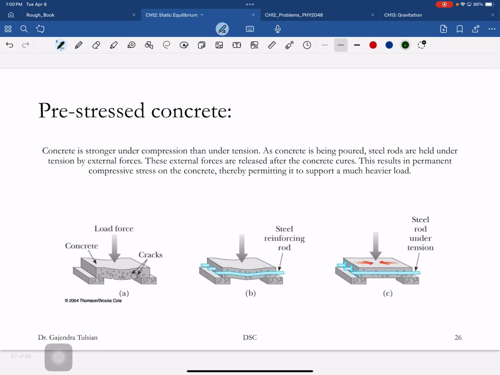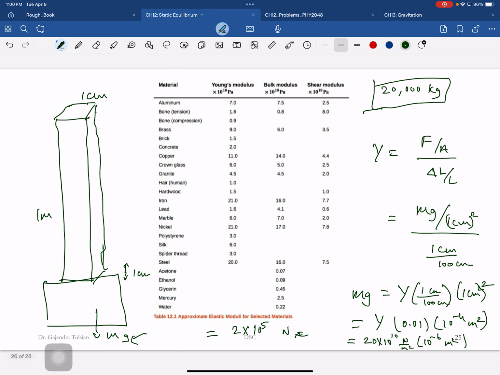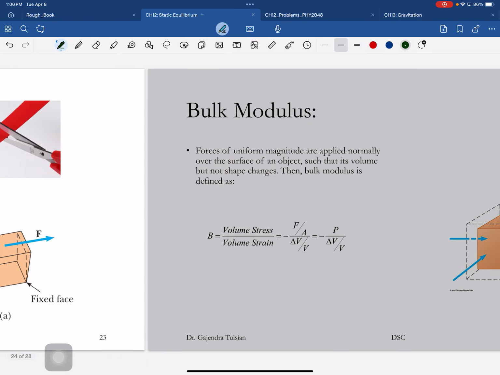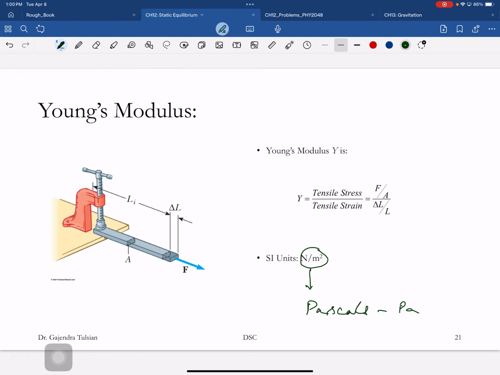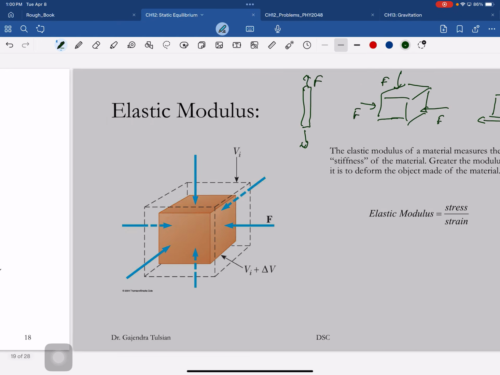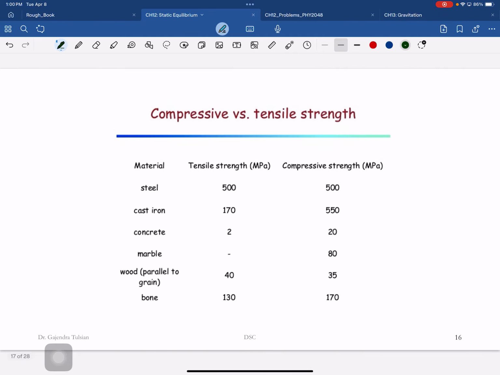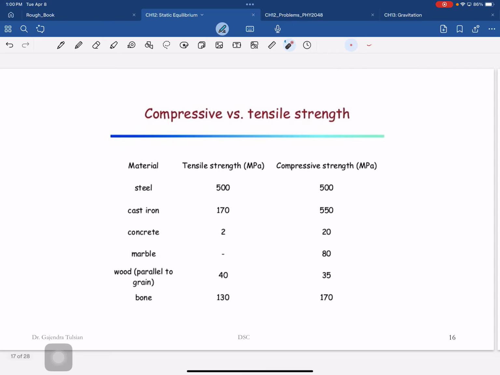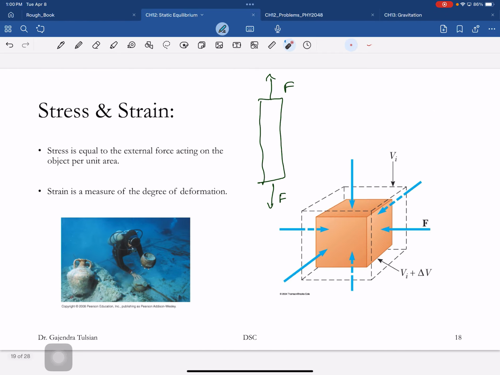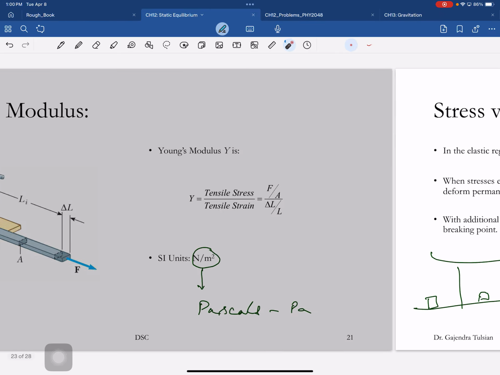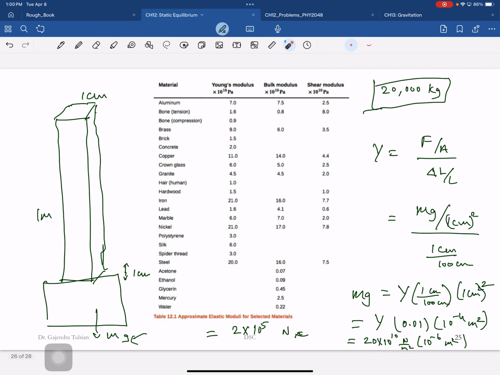All right, so here you saw this table, okay, and this is where your decisions start. Okay, so concrete is, this is the tensile strength, and this is the compressive strength. Okay, it's stronger under compression, and you put tensile stresses on it, and it doesn't like it.